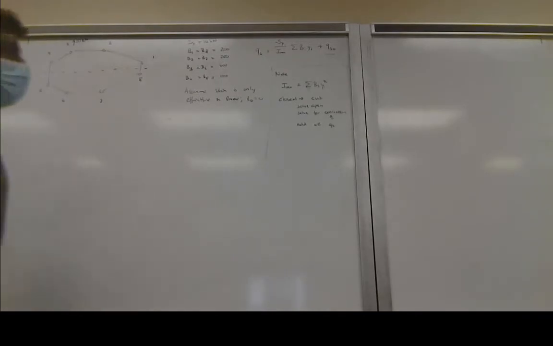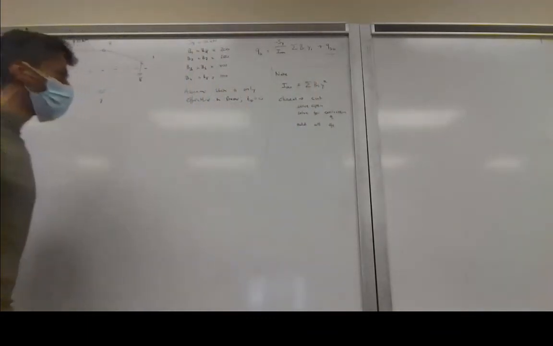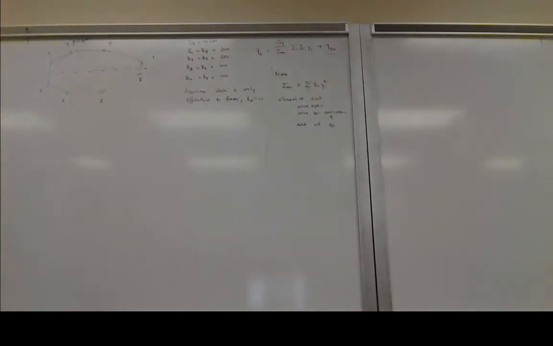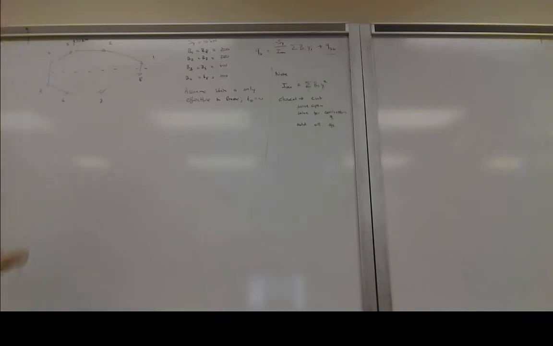And since the moment of inertia is independent of where you take the cut, you can just do that one first. But you can also just start off by making a cut.